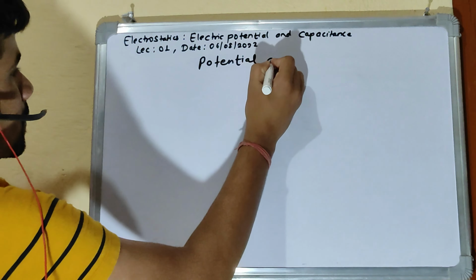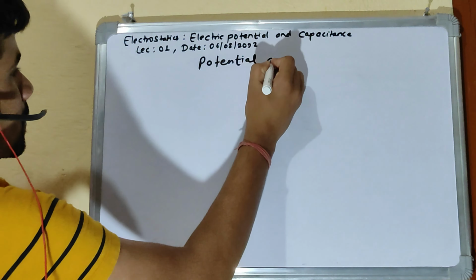This small distance is r cos theta minus a. So r1, which is the hypotenuse of this triangle, is the square root of (r cos theta minus a) whole square plus (r sin theta) whole square.